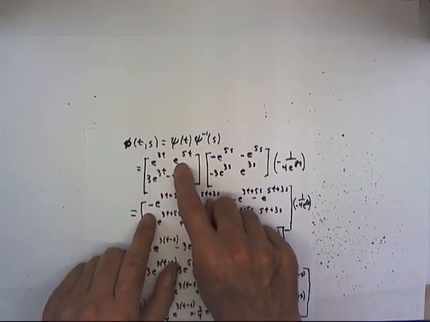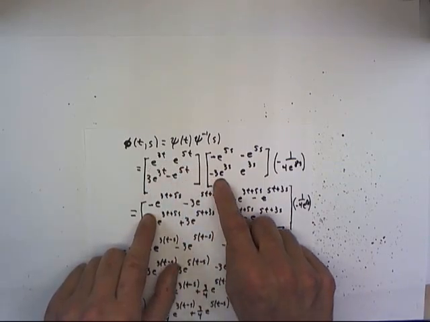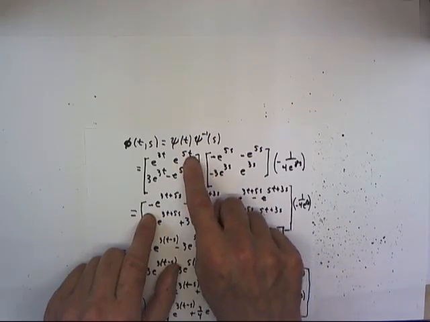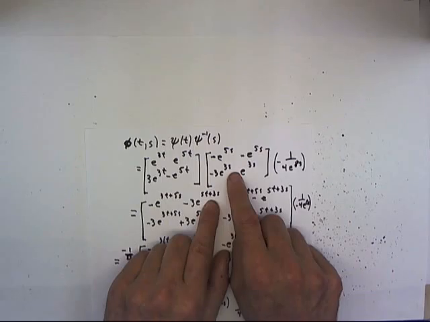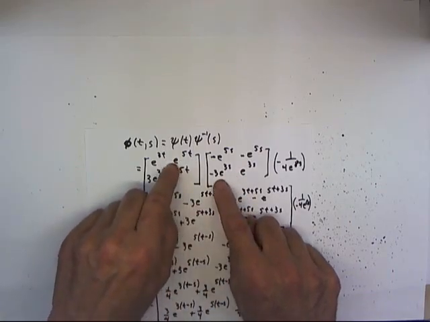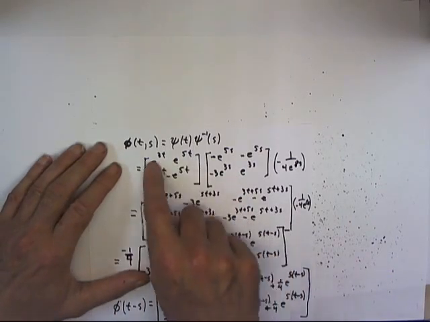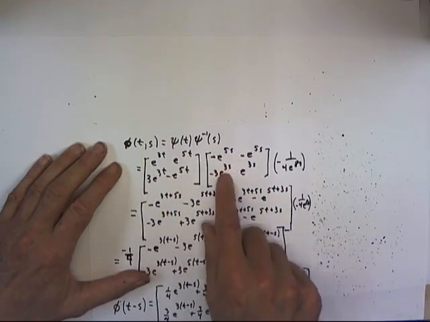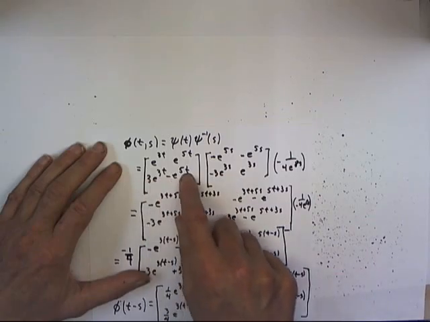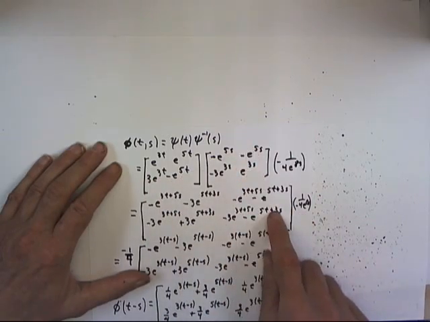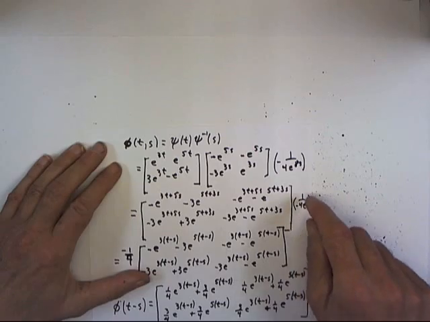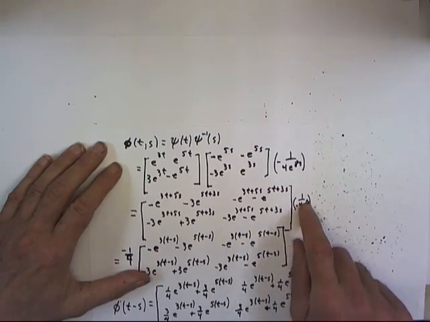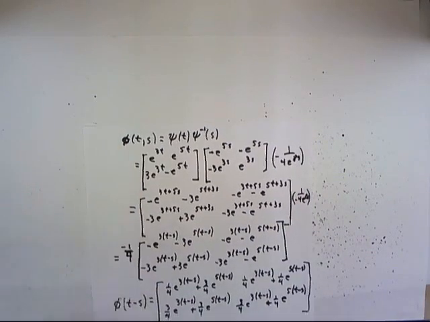And e to the 5t times negative 3 e to the 3s, this time we get 5t plus 3s for the exponent, and we'll have a negative 3. Similarly for the other rows and columns. All still multiplied by the negative 1 over 4 e to the 8s, the same as it was here.